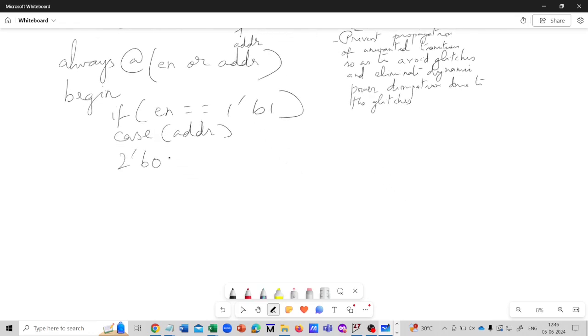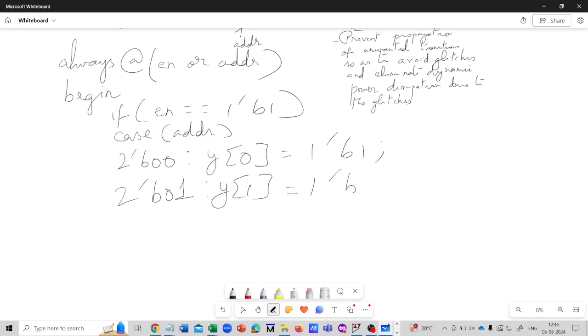So when the address is 0, 0, the output y0 is 1. When the address is 0, 1, the output y1 is 1. When the address is 1, 0, the output y2 is asserted, that is 1.